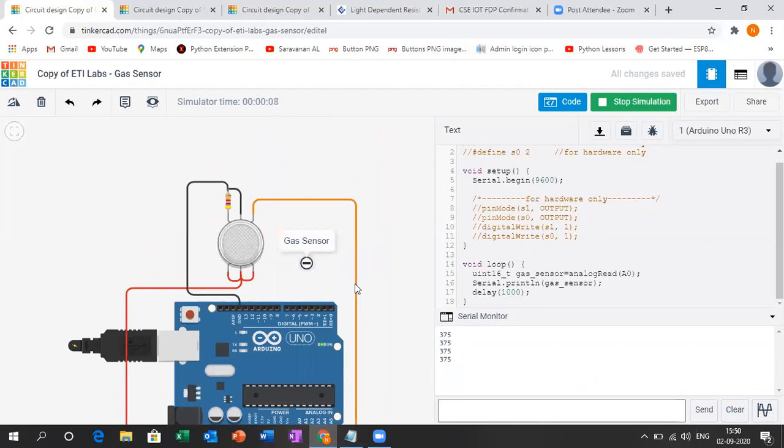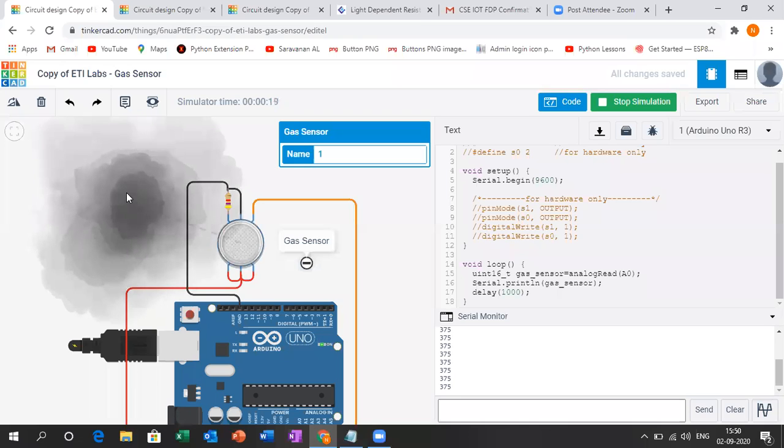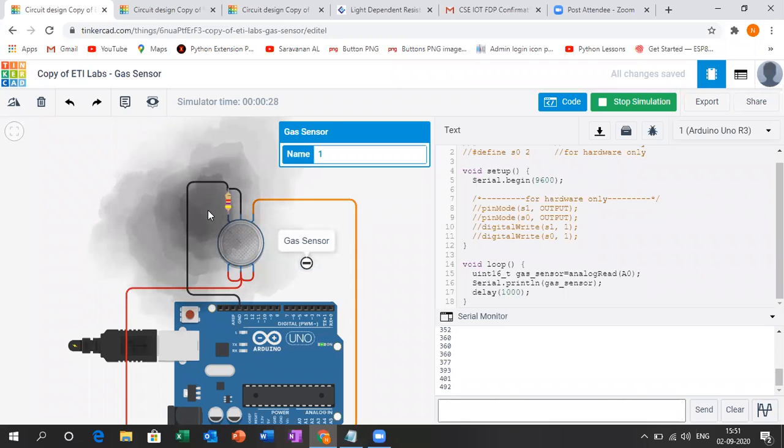You can use the gas sensor in simulation by just clicking on the gas sensor like you did on other sensors, and there is a gas, which can be any type of gas. As I put this close to the gas sensor, you can see that the value is increasing to 529. That means it detects the presence of gas around the environment where it is placed.